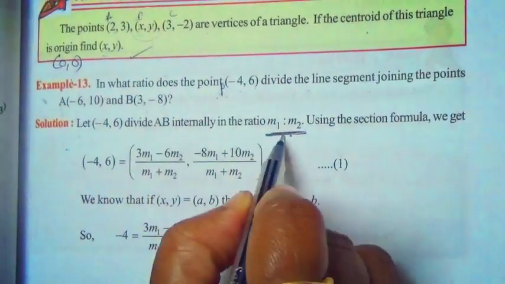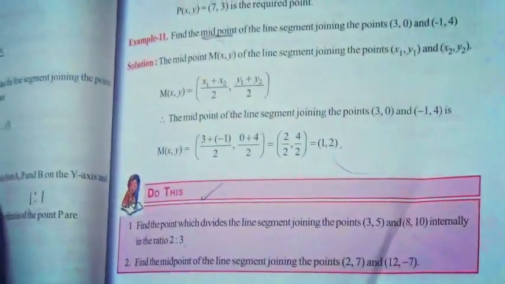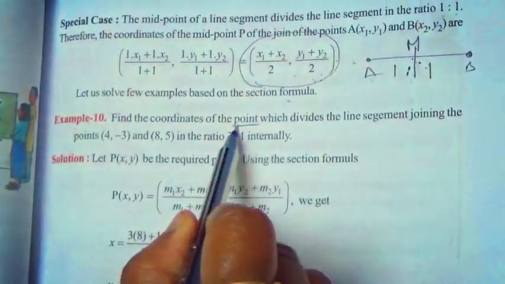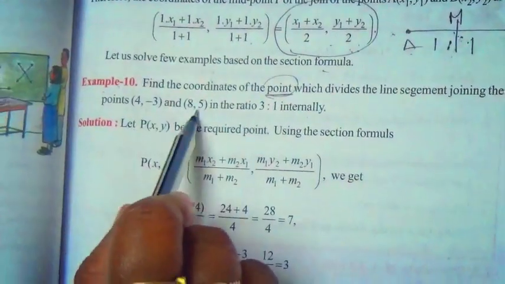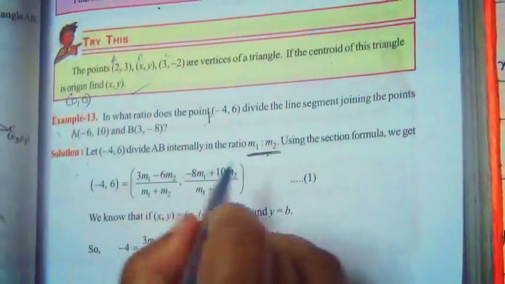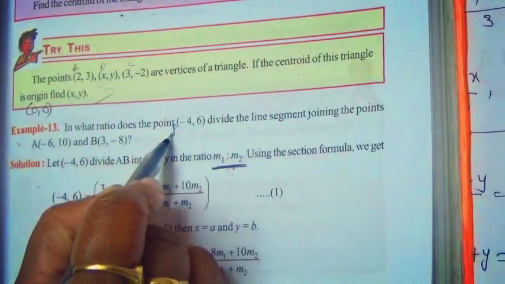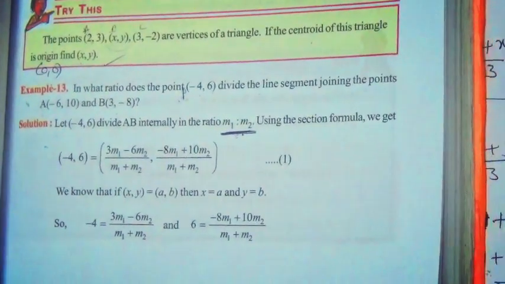In this sum we have to find out this ratio. In the section formula, we find the point when the points A, B and the ratio are given. But in this example 13 we have to find the ratio, and the point is given. Okay, how? So let us do.